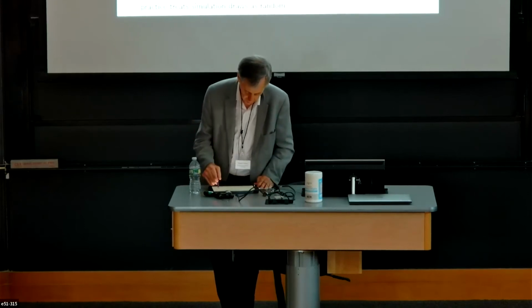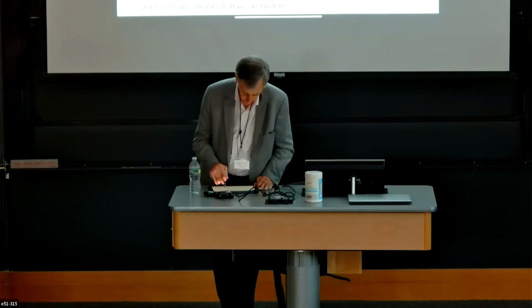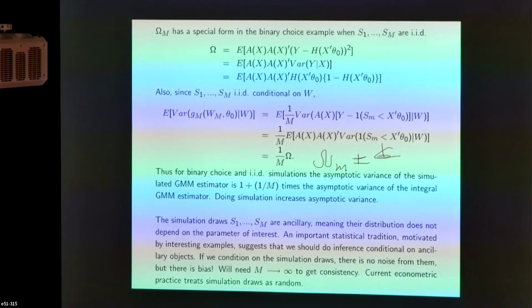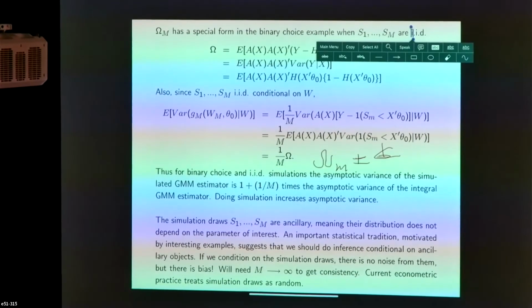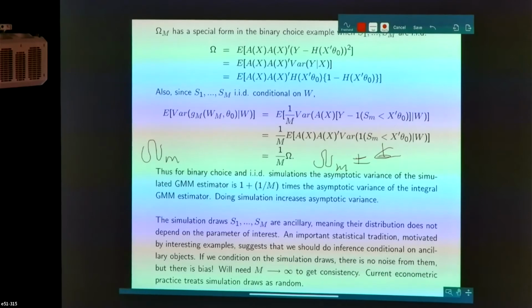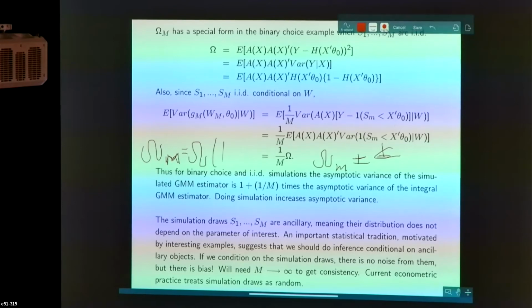Omega M in multinomial choice is equal to omega times 1 plus 1/M, and then you can see the effect: as you increase M, that goes to 1.